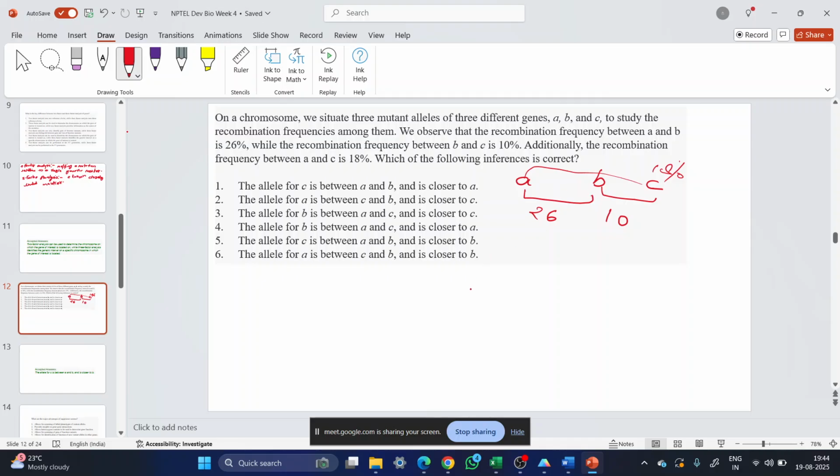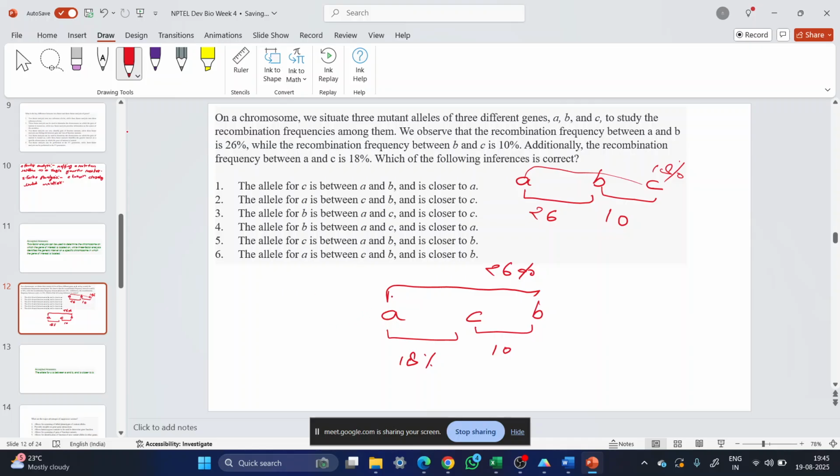Suppose I keep C here, A here, and B here. Between B and C, it is 10%. Between A and C, it is 18%. And between A and B, it is 26%, I mean 26 centimorgan.